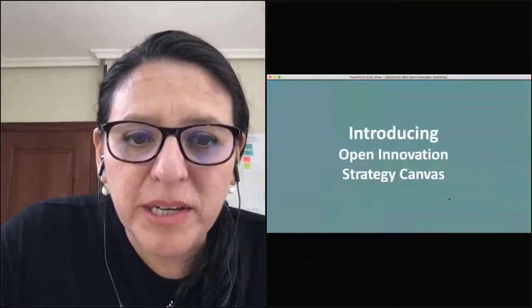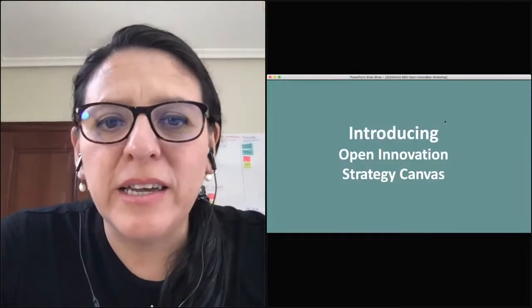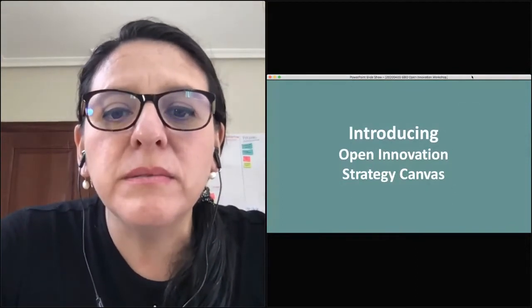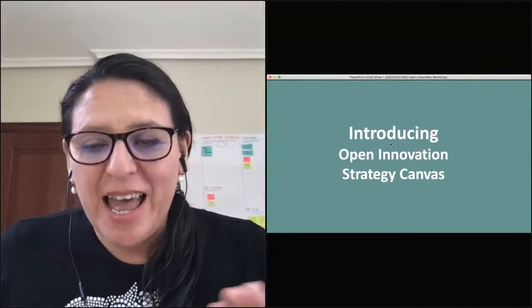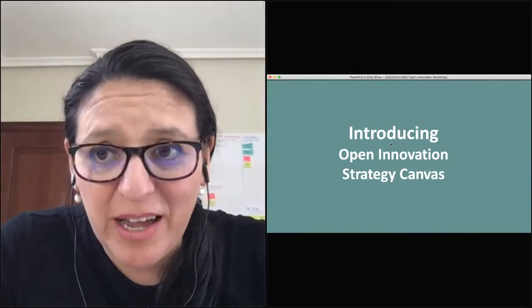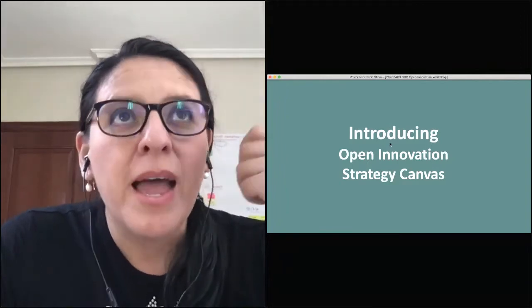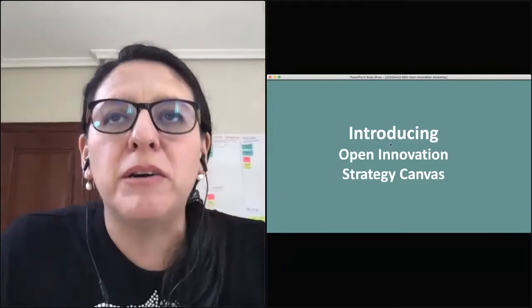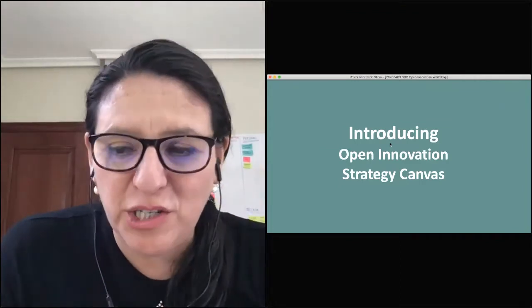Let's see what's happening here. I'm going to introduce you to... we're still connected, no? Yes, okay. To the Open Innovation Strategy Canvas. The Open Innovation Strategy Canvas is something I came up with more or less 1 year ago while trying to explain how we can think about this alignment of the company's overall strategy and the innovation strategy.